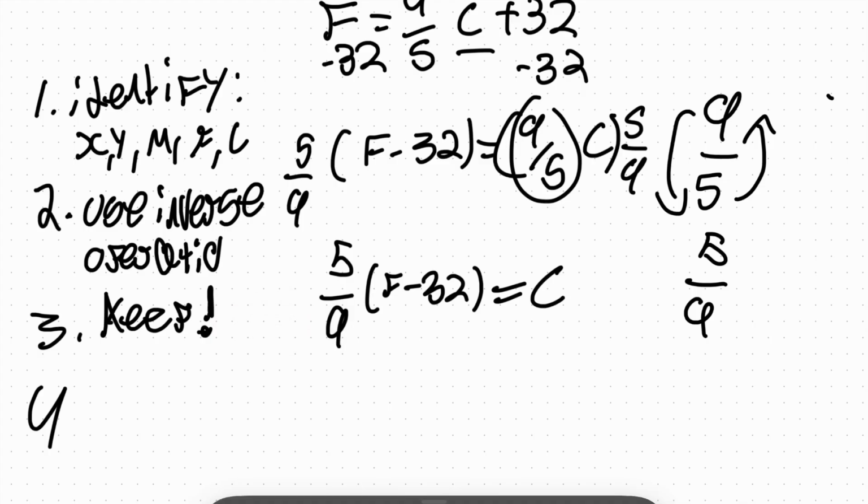You can't get rid of any variables. So remember back to our y equals mx plus b. This is nothing but variables. There are 4 variables in here. But remember, we have to keep every single one in it. And then finally, step 4 is to check. The variable you're solving for, again, for this example that we have here, we're solving for C. You want to make sure that the variable was by itself. So identify, use inverse operations, keep the variables in your answer, and check that it's all by itself.